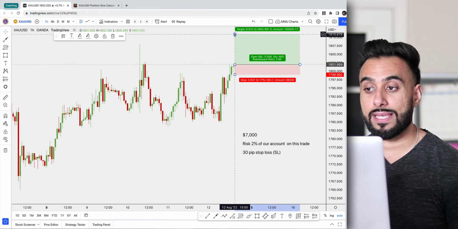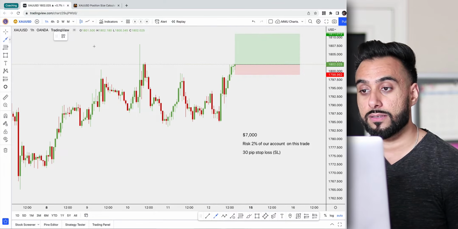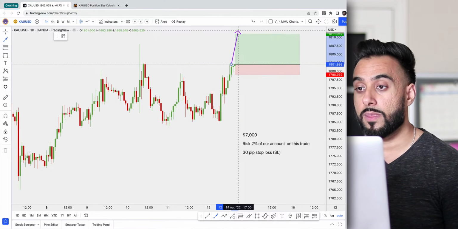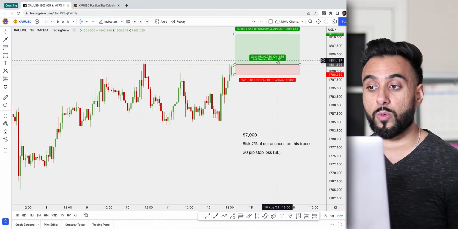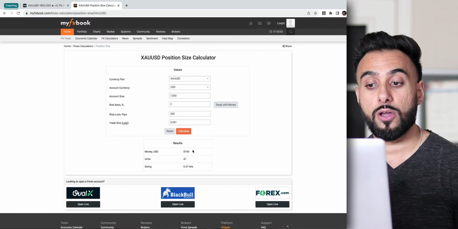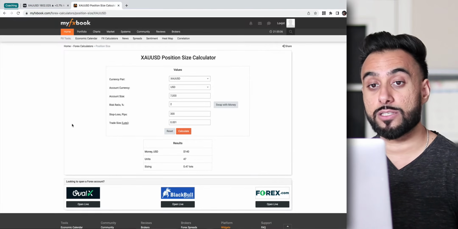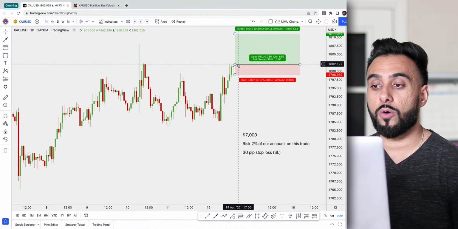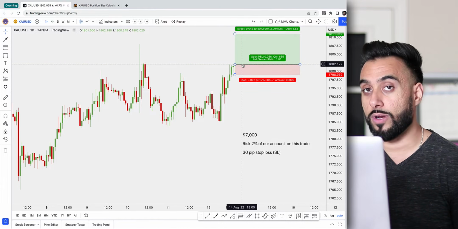But if the price ends up coming up here to our take profit, notice that in this scenario, we have a 3 risk to reward ratio, which means if we get this trade right, we are going to make 3 times as much money as we risked on this trade. So the downside is 140 bucks and the upside is 420.